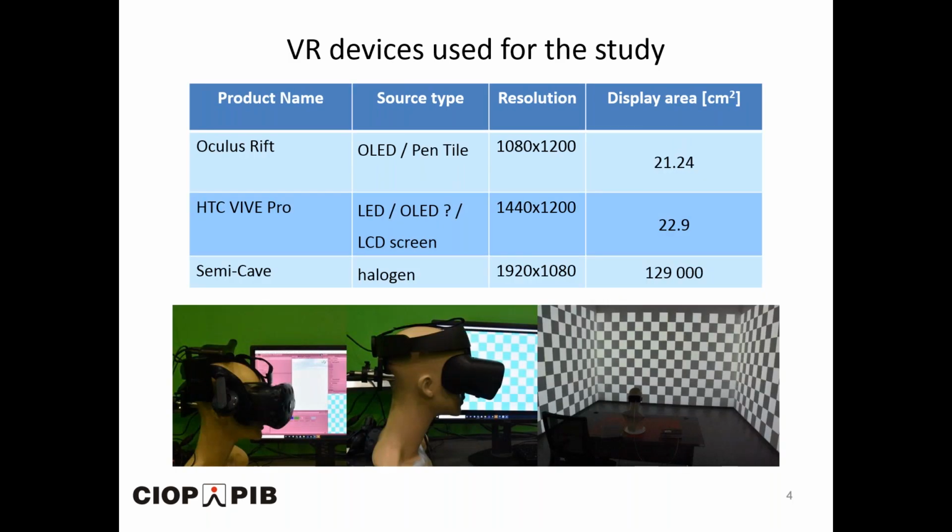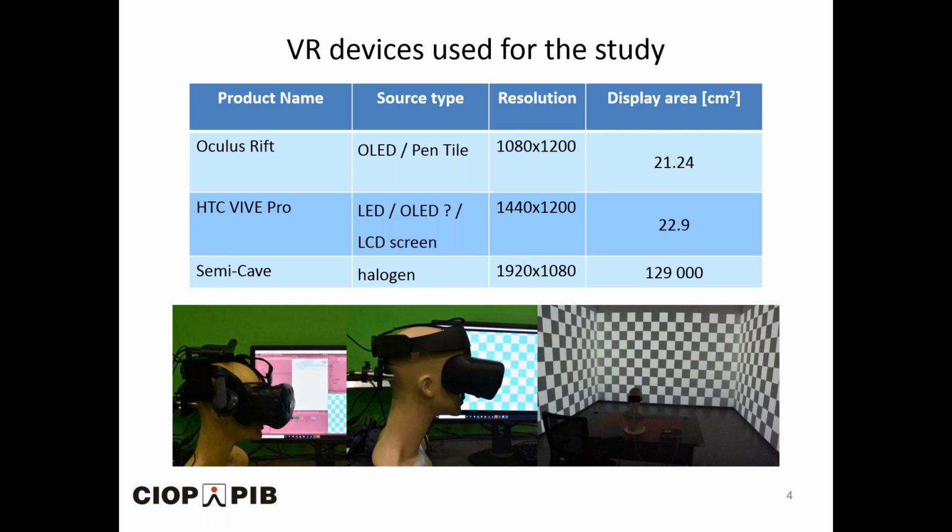The VR devices, those were also 3 different solutions: the Oculus Rift, HTC Vive Pro, and Semicave. The first 2 are goggle systems. Those are the popular ones. I think everyone has knowledge about them.